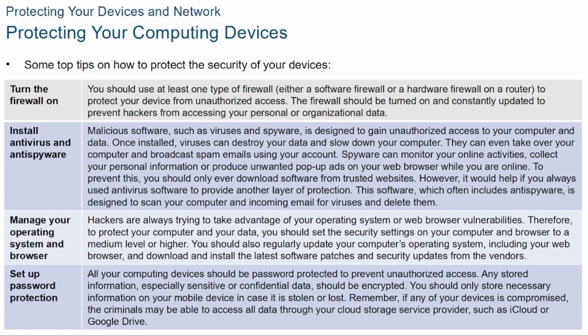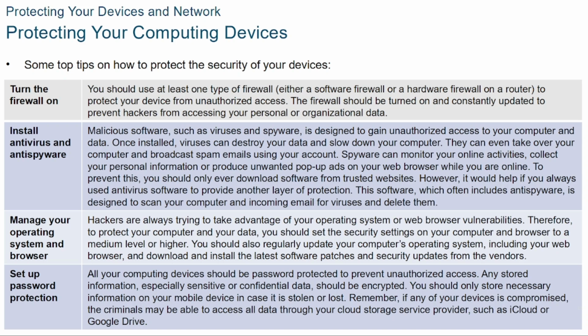Then spywares can actually monitor your online activities, even your offline activities sometimes, and they can collect these activities and send them to a remote hacker. Sometimes you'll find out that you see unwanted ads, unwanted messages. So those are like, call them symptoms of spywares.